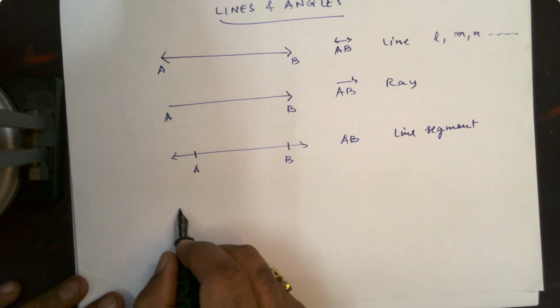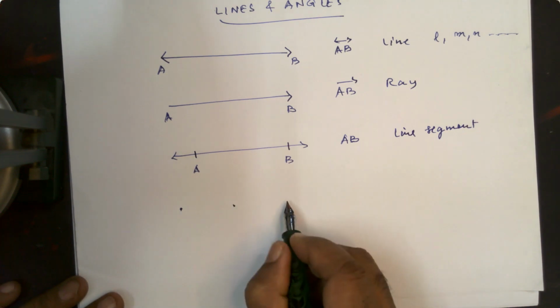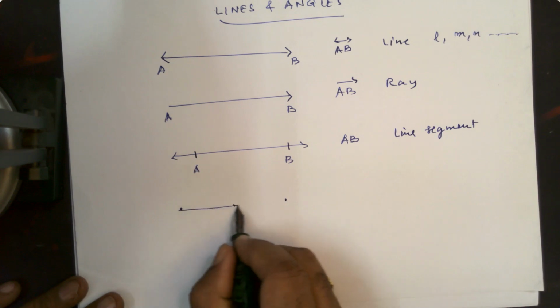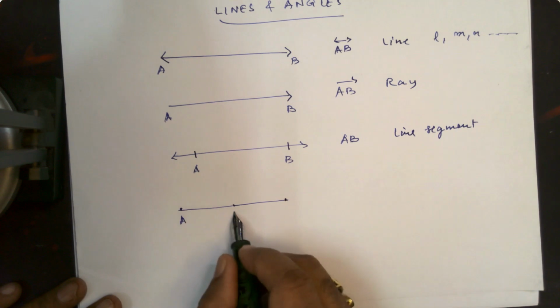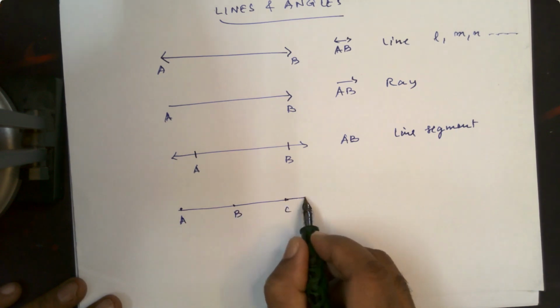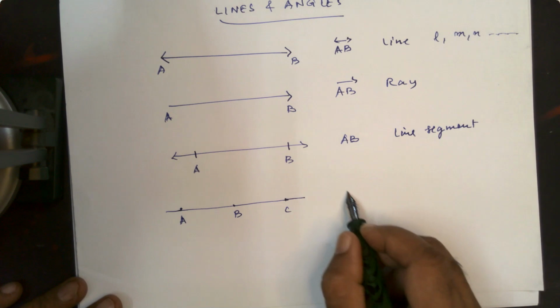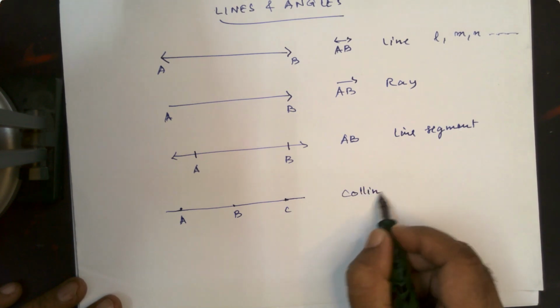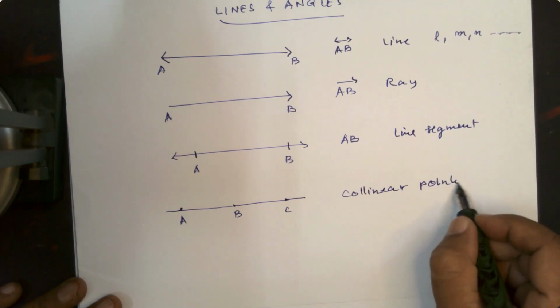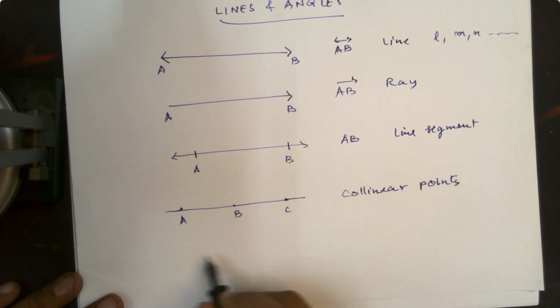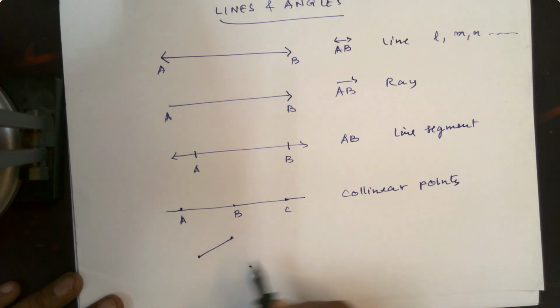Now, if you have 3 points through which a line passes, then these 3 points are known as collinear points. If they are not linear, then you can draw joining two points AB.